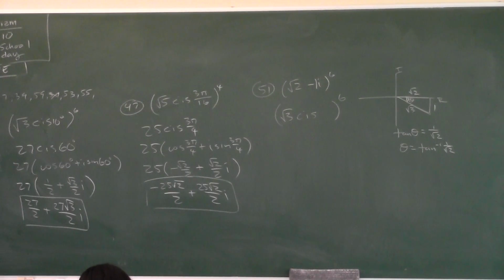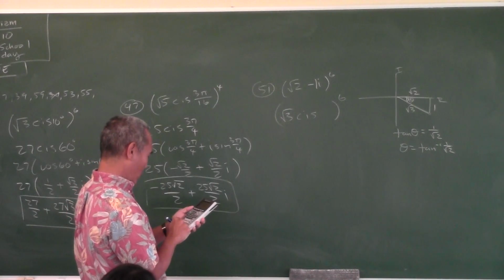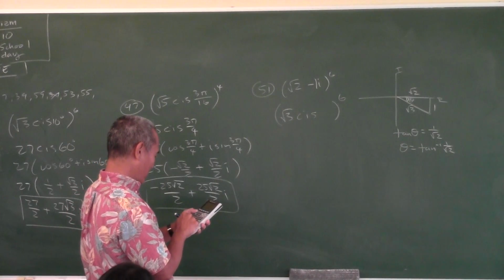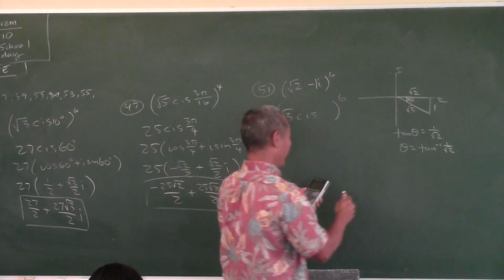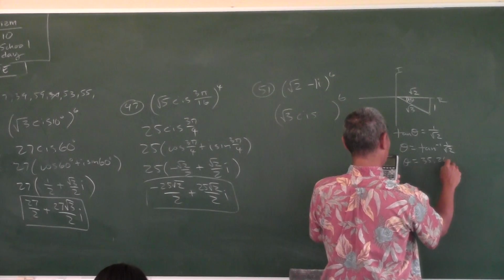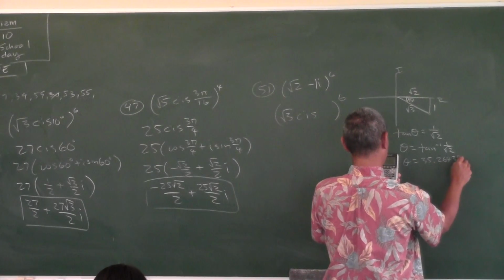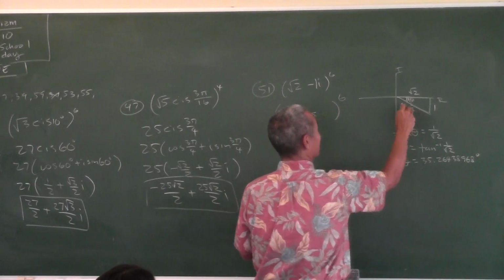I take that for a yes then. Put this in degree mode. And so tan inverse 1 divided by the square root of 2. So theta is equal to 35.264386968 degrees. That's what this angle is here.